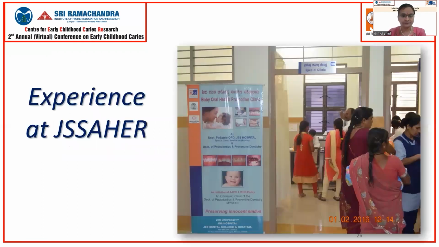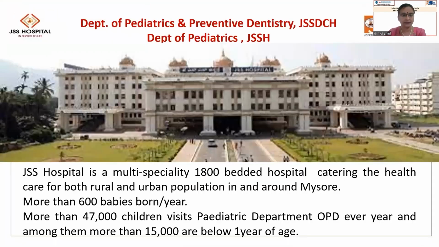Hence, with this, we established the baby oral health promotion clinic in the JSS hospital. JSS hospital in Mysore is a multi-speciality hospital with 1,800 beds. It is in the city center, which caters to the needs of both rural and urban population.